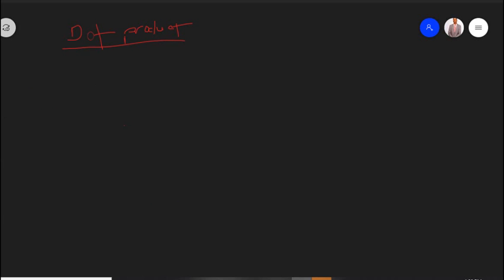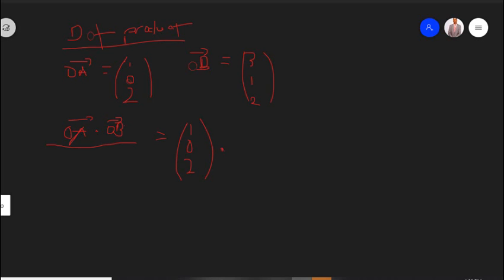Looking at how we can calculate the dot product, there is this concept called the dot product. Let's say we are given OA is equal to 102, OB is equal to 312. If we want to find the dot product for OA and OB, we will say 102 dot 312.